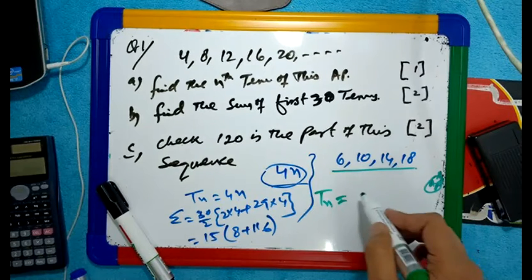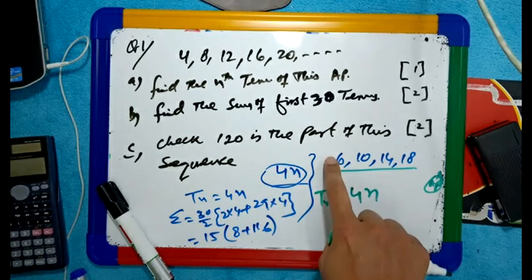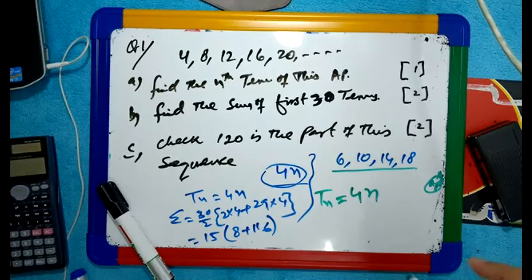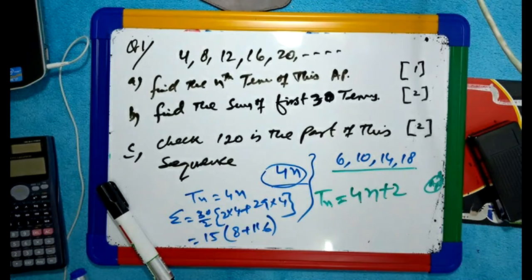The difference is 4, so I will write 4n, right? If you put n equal to 1, 4 ones are 4. Plus what to make 6? Plus 2. Done.